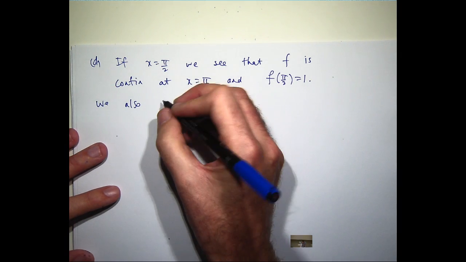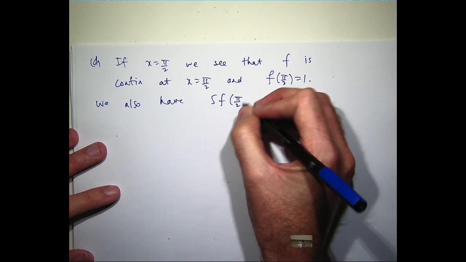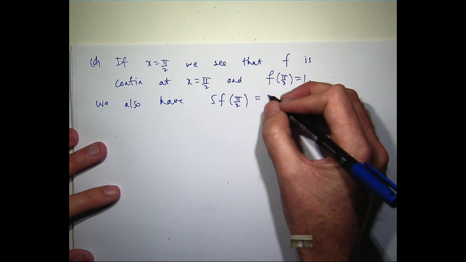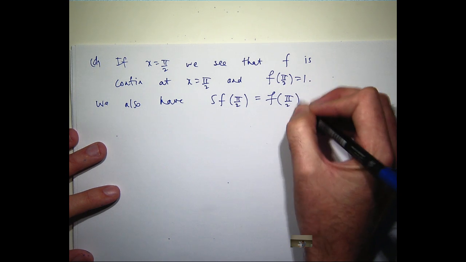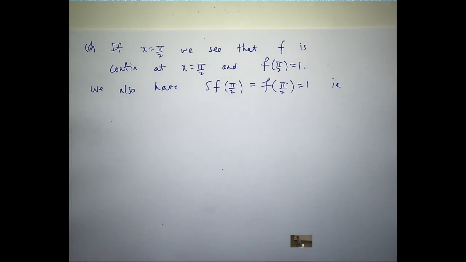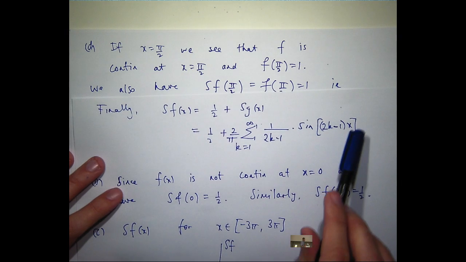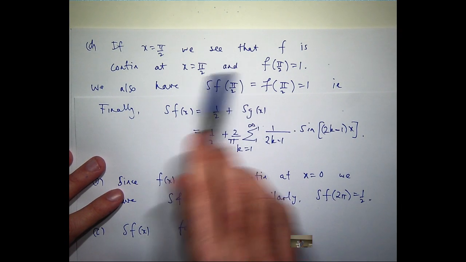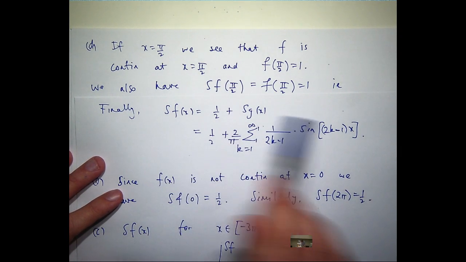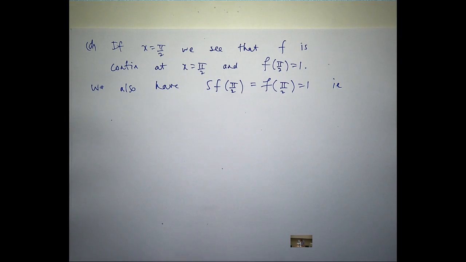And because we have continuity, we know that the value of the Fourier series at pi on 2 is equal to the value of the function at pi on 2. So what I'm going to do is go back to my Fourier series, plug in x equals pi on 2, so it'll just be this, and set the whole thing equal to positive 1. Then I'm going to simplify it.